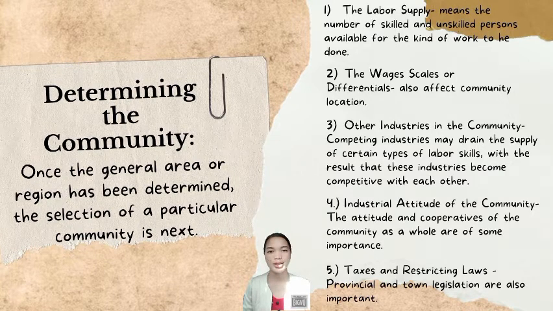The second one is wages, or wage differentials. Wage differentials also affect community location. However, these are not permanent and should not be considered as definite or specific factors in locating a plant site in any community. It is a fact that wages constitute a big item in the company's expenses, and savings which could be made through lower wage rates are of important consideration.